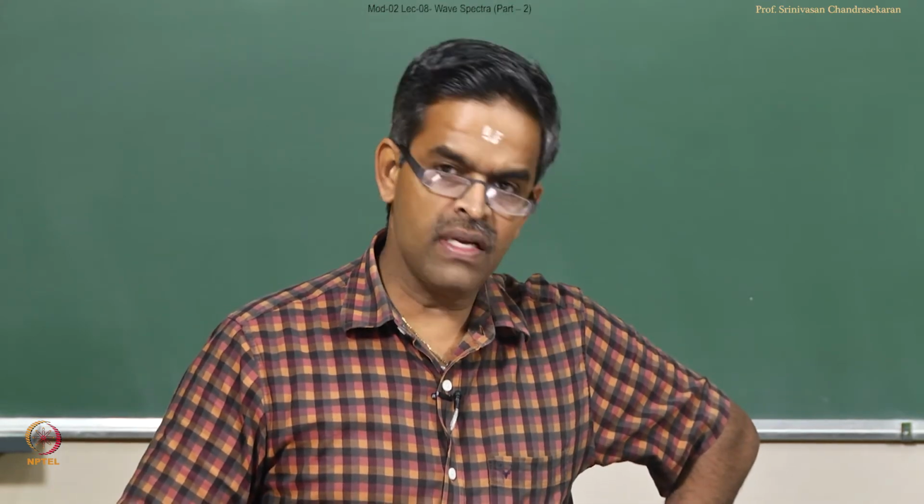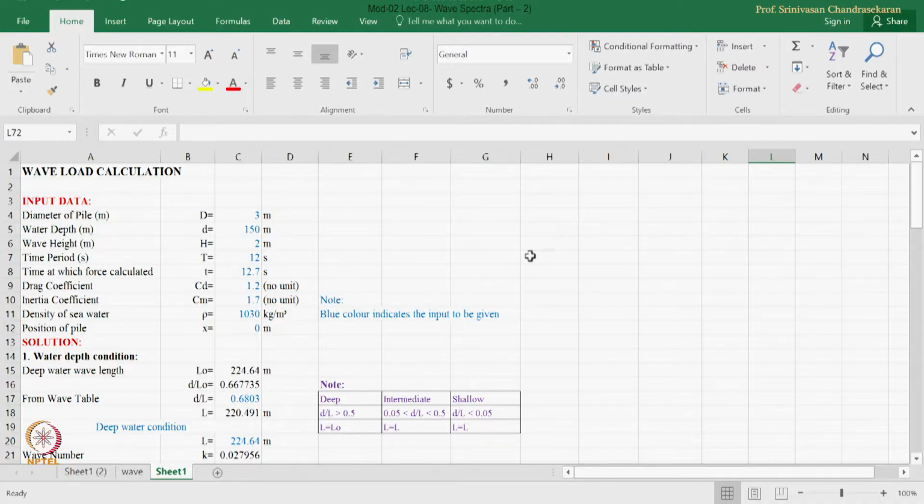It is a simple Excel sheet. I want you to pay attention to this. Whatever you see in blue color, they are all inputs to be given. For example, here it is 3 meter, 150, you can vary this. It calculates some of the values based upon 2 pi by, for example, C20, which is L, 2 pi by L, we know it is the wave number, we already gave the equation for you.